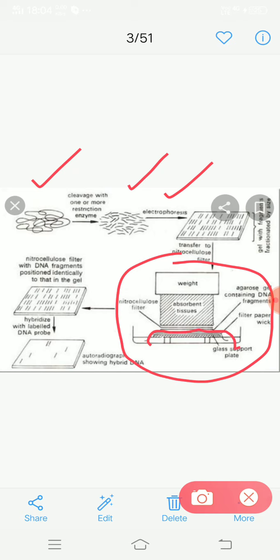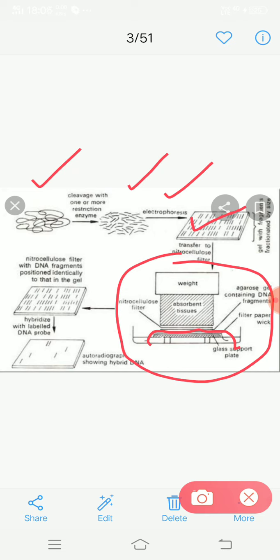On that glass support, the nitrocellulose filter is placed, and after that the agarose gel is placed, and then different types of tissues are placed, and a weight is given. In this way, the DNA sequence will get transferred to the nitrocellulose membrane or your blotting paper.